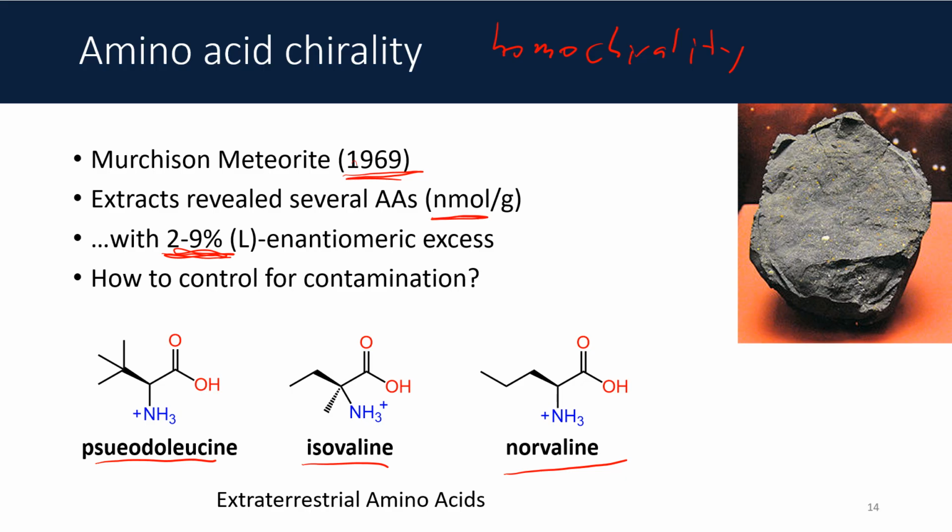These have not been discovered anywhere on Earth, at least naturally to my knowledge. The only place they exist is in outer space or the Murchison meteorites. And all of these also existed in a 2 to 9% L enantiomeric excess.